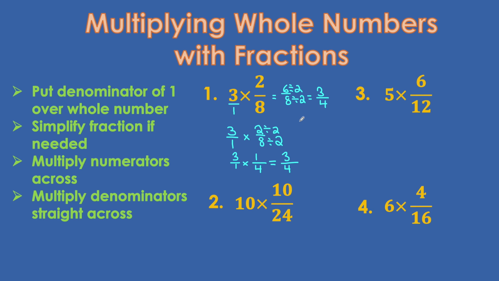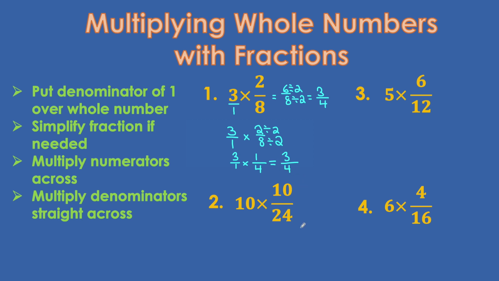In an example like this, it's okay if you multiply straight across before simplifying the fraction. But in an example like number 2, you want to simplify first, because the fraction is larger than the one in the first example. So going back to the first example, the final answer is 3/4.